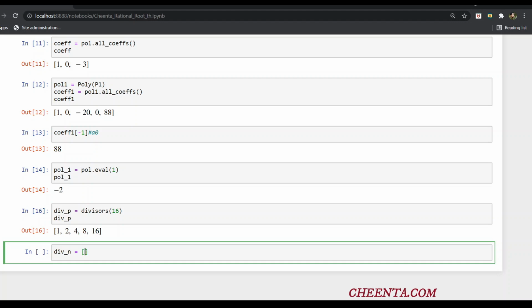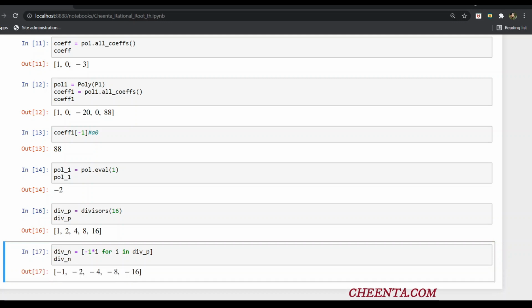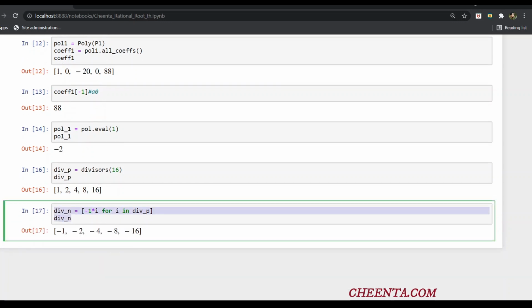So you can just use the Python for loop. To do that, I will multiply each element with a minus, and this will give me actually the negative things. So what does this thing actually do? It actually simply multiplies each of the elements of div p, that is the positive divisors, with a -1 and creates another list, or maybe you can say array, and this is all those negative things.